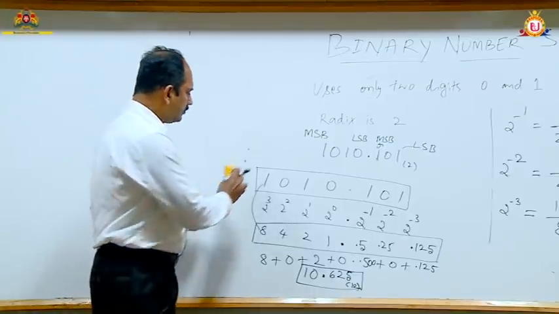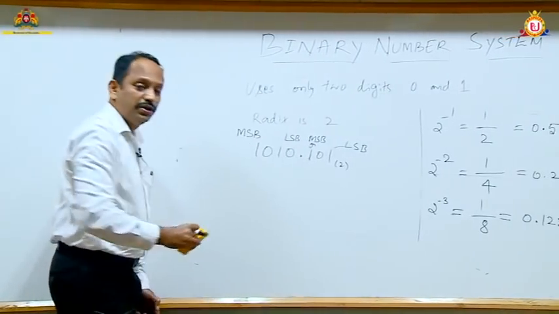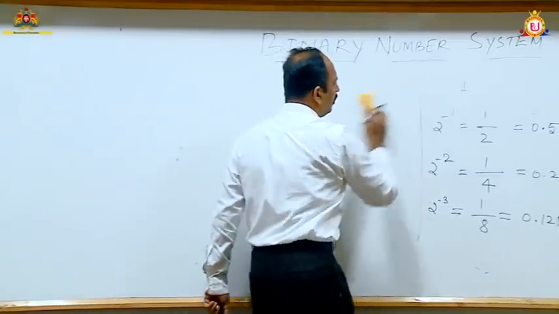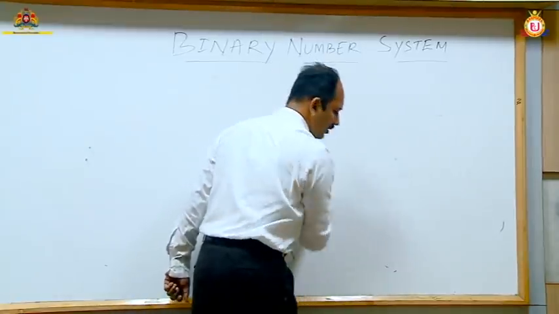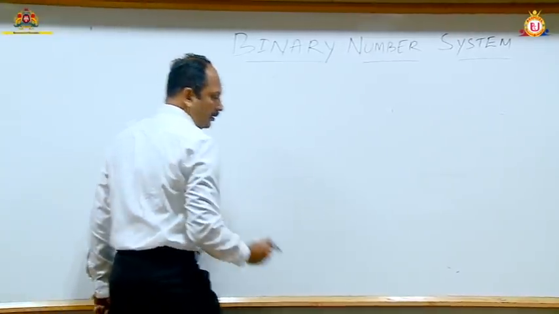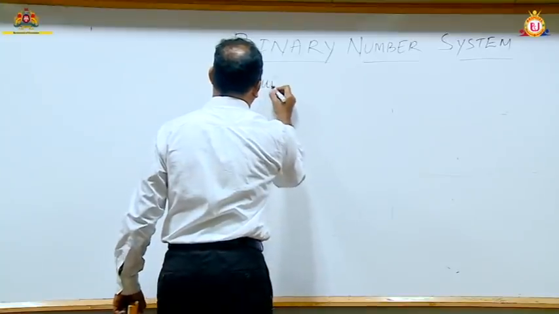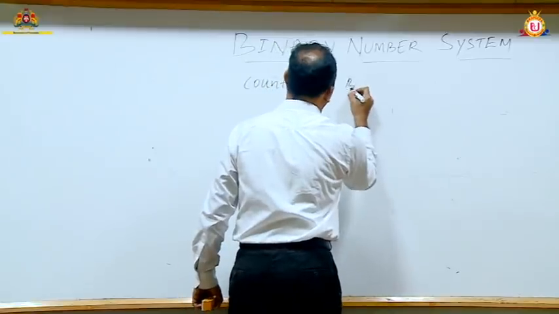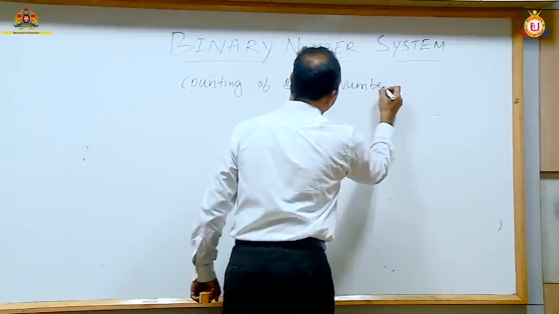Now, in the decimal number system, how do we count? Everyone is familiar with how it is counted. We start from 0. This is the counting of binary numbers.